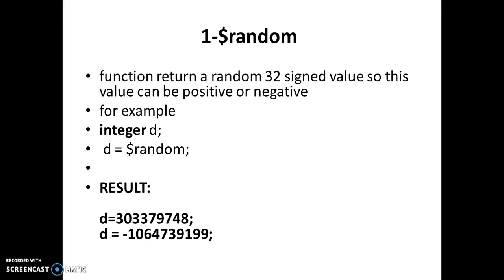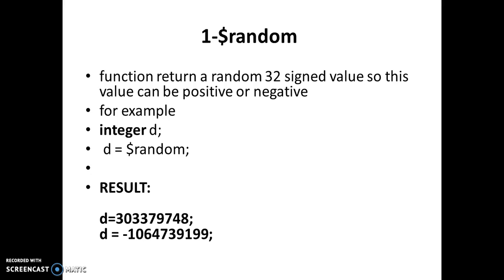This random function will generate a random value. As I already mentioned, it can generate a positive or negative value, and it will be 32 bits in length. So if you look at the results, it has positive values as well as negative values.